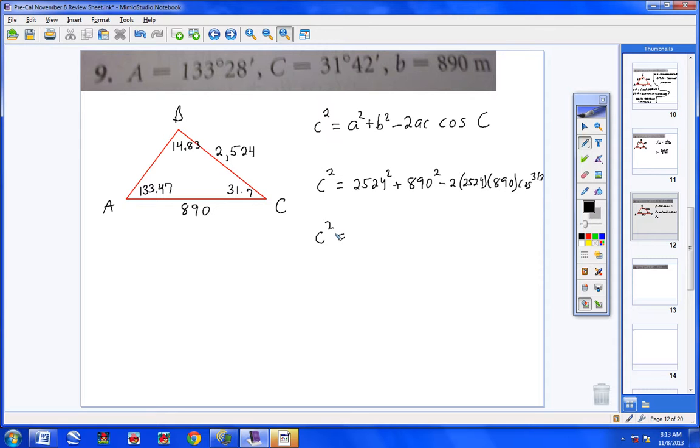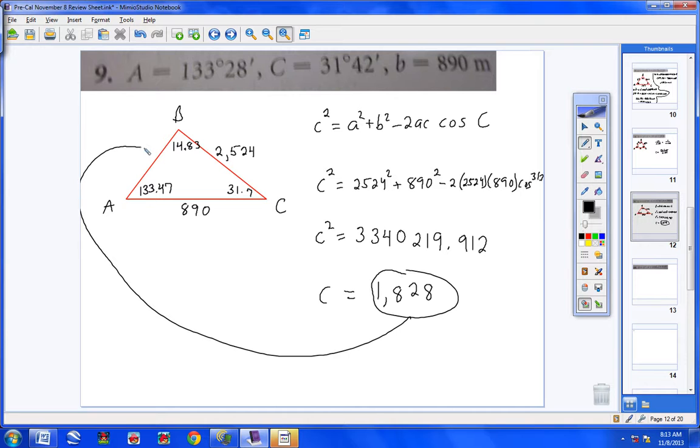I'm getting a really large number, which does make sense, and it would be 3,340,219.912. Now let's take the square root of both sides, and if we do that correctly, we're going to get C equals, and I'm rounding to the nearest whole number, 1,827.6, so 1,828. That would be the length of side C. All right, so there we go.